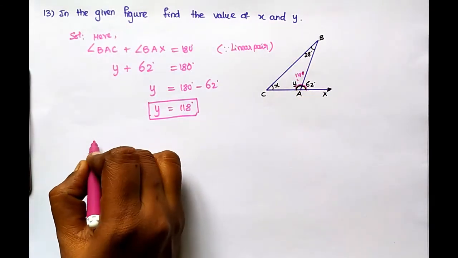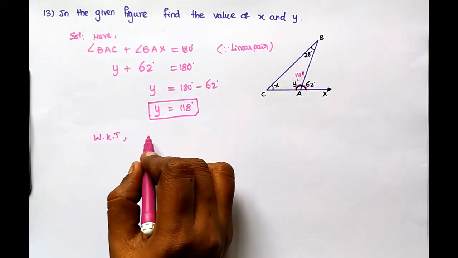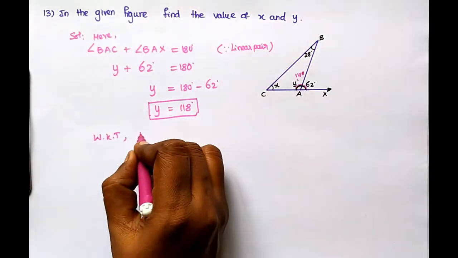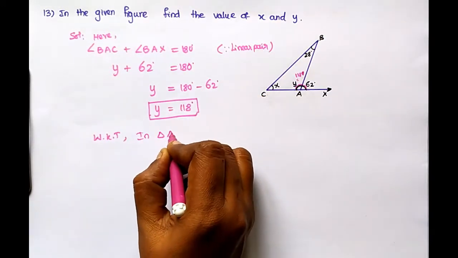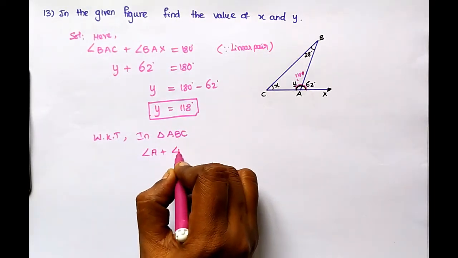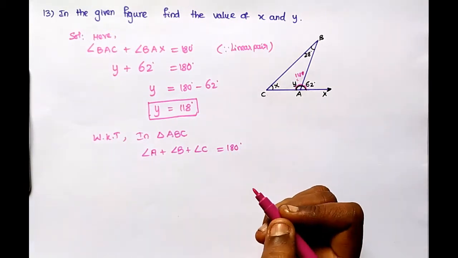Now we know the sum of the three angles of a triangle. In triangle ABC, angle A plus angle B plus angle C equals 180 degrees.